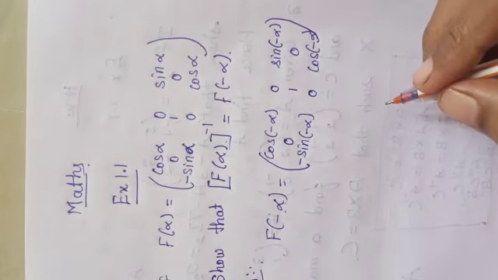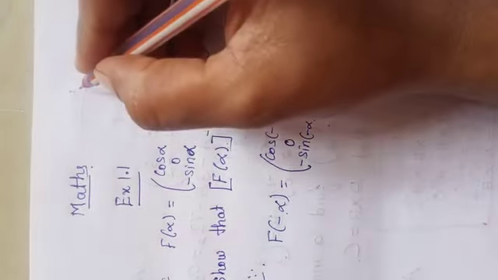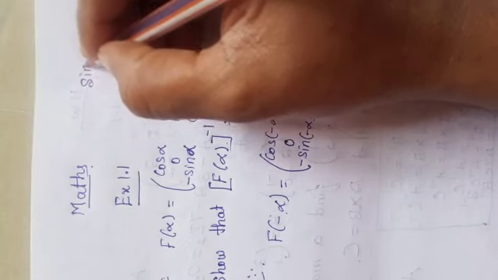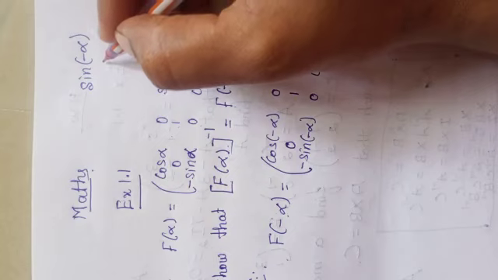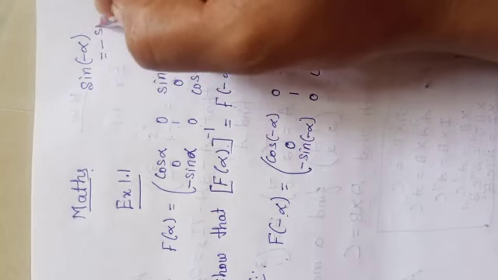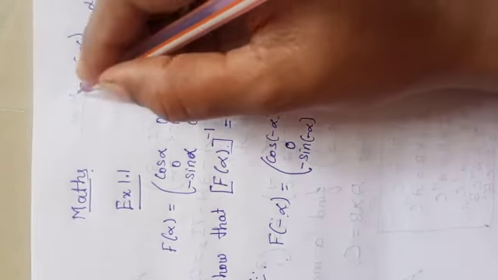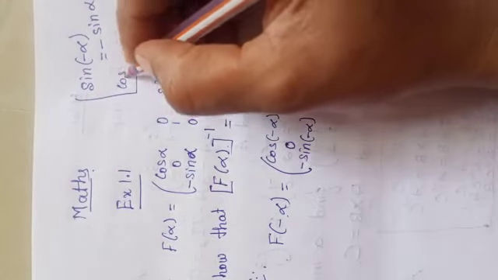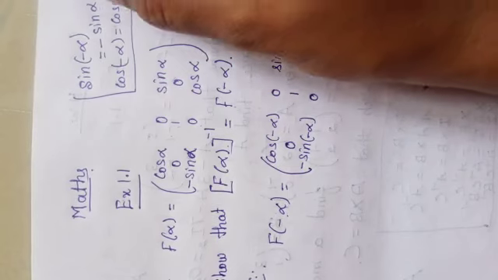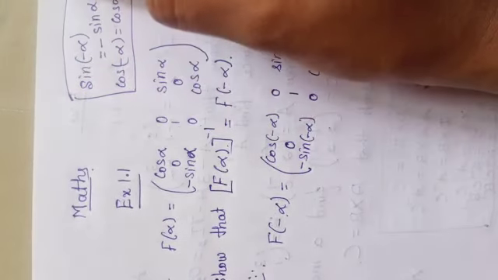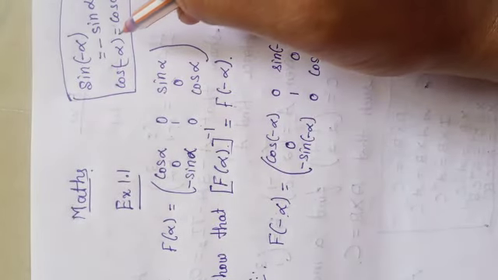Now what is the value of cos of minus alpha and sin of minus alpha? Sin of minus alpha we know is minus sin alpha, and cos of minus alpha is cos alpha, which means it lies in the fourth quadrant.